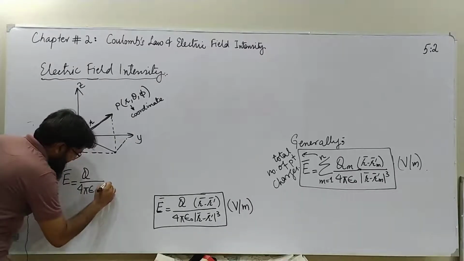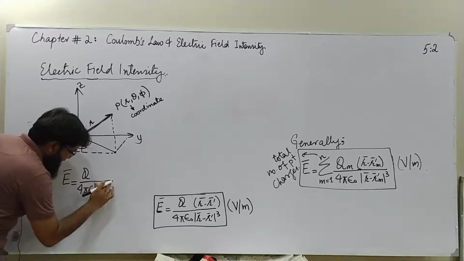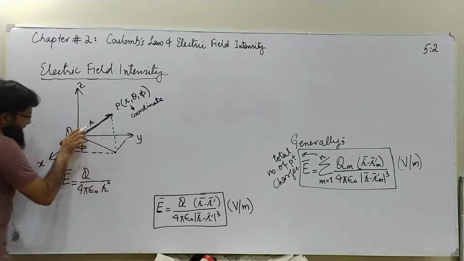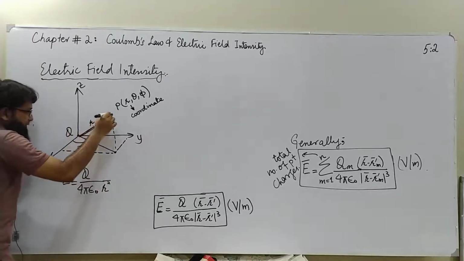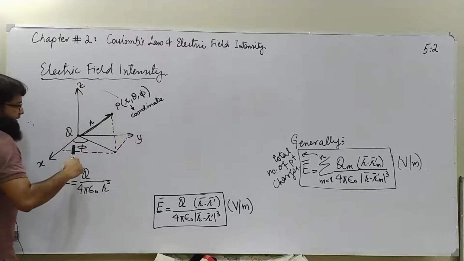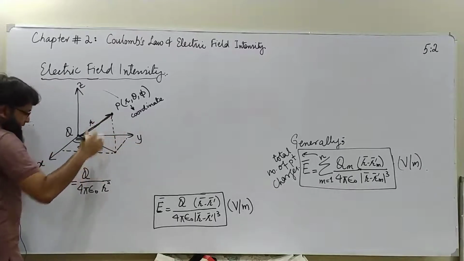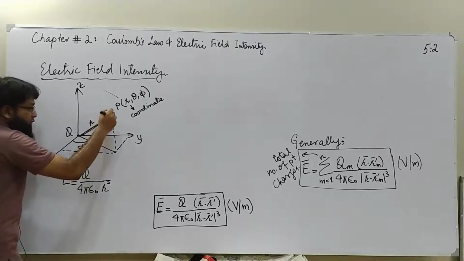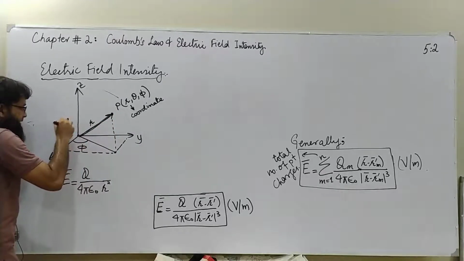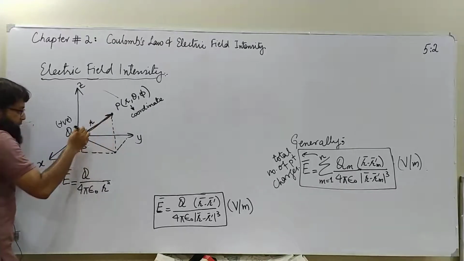So this length, you just take its square and multiply. And this direction is what? We all know that if we are at this point, on a spherical surface, and this is a positive charge. Since we are interested in electric field intensity, a +1 Coulomb test charge is here. So the force will act along the line joining the field point and the source point.